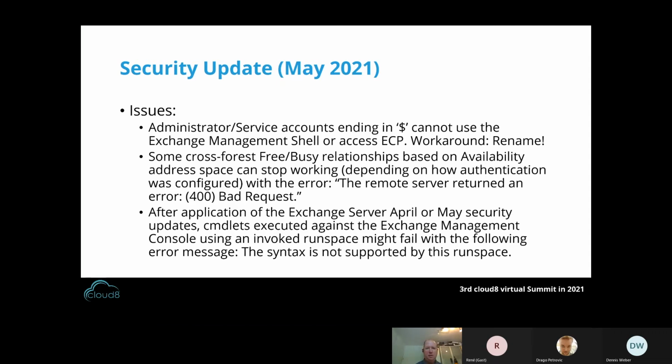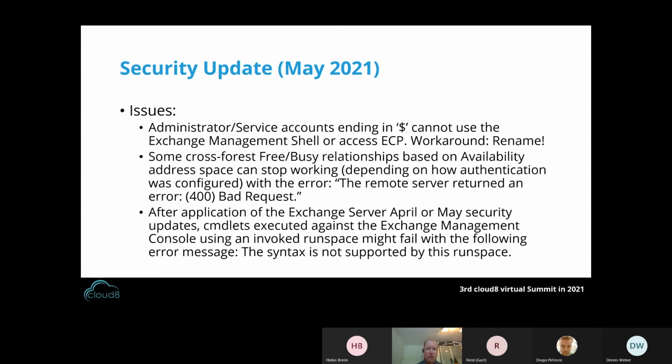Next thing is some cross-forest free busy relationships based on the availability address space can stop working. So please test it, and if you're running into this problem, make sure you read the knowledge base article that is also attached to the security update article.